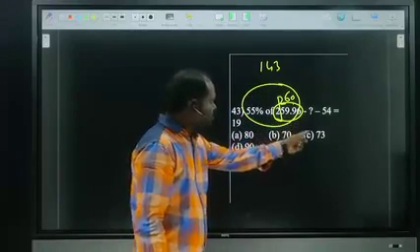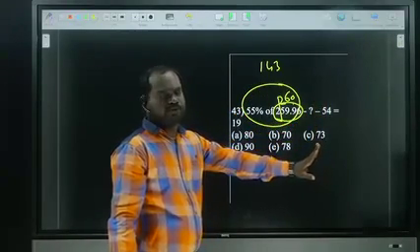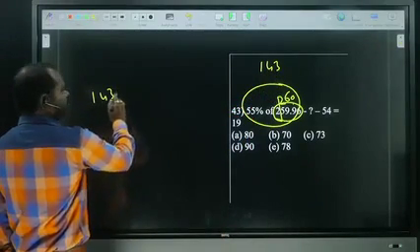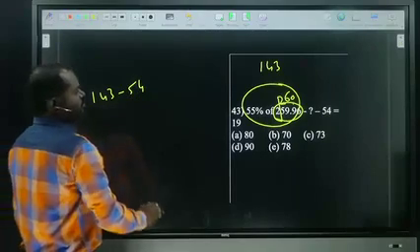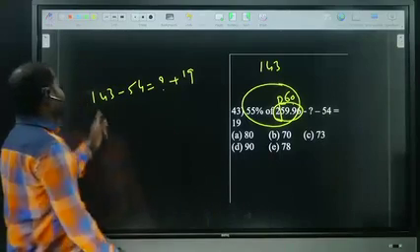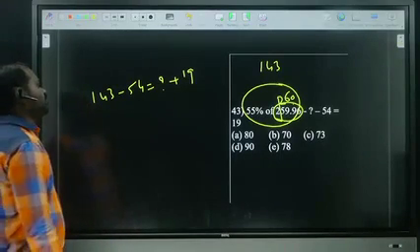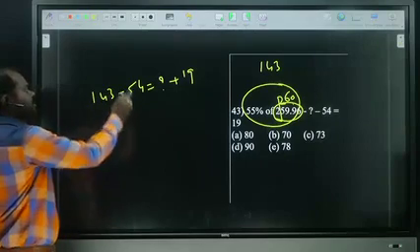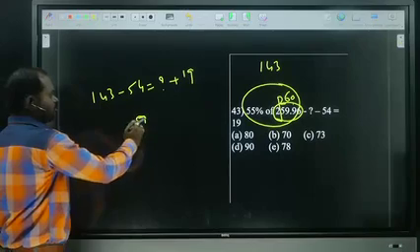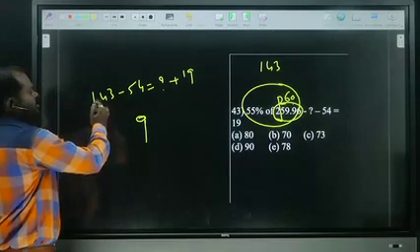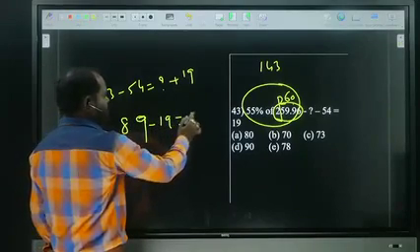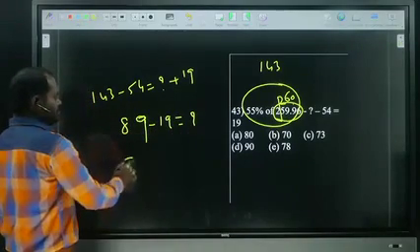143 minus question mark; taking it to the other side, it becomes a positive question mark. I'm writing here: 143 minus 54 is equal to question mark plus 19. 143 minus 54, how much? 13 minus 4 is 9, and 13 minus 5 means 89. 89 minus 19 equals question mark. 89 minus 19, how much? 70.